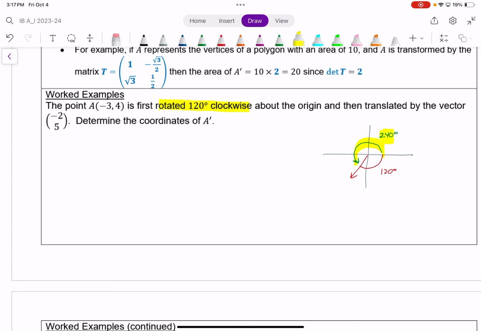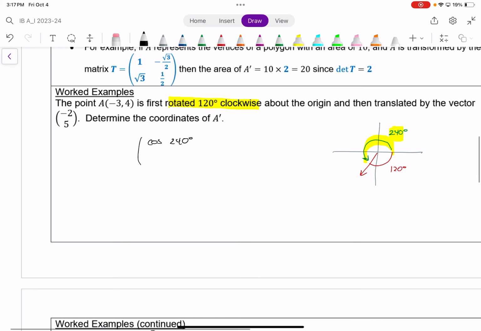And so that transformation, regardless of what the shape is, can be expressed by this transformation matrix of the cosine of 240 degrees, minus the sine of 240 degrees, positive the sine of 240 degrees, and again the cosine of 240 degrees. The structure of this is extremely similar to what we saw for a reflection along some line, because the two really are related.